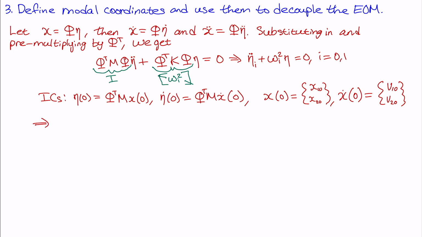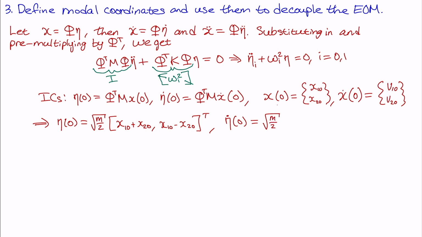From here, if you do the transformations, you'll find that eta of 0 is equal to the square root of m over 2 times the vector x10 plus x20, comma x10 minus x20, transposed, and eta dot of 0 is equal to the square root of m over 2 times a similar vector, v10 plus v20 and v10 minus v20, all that transposed.